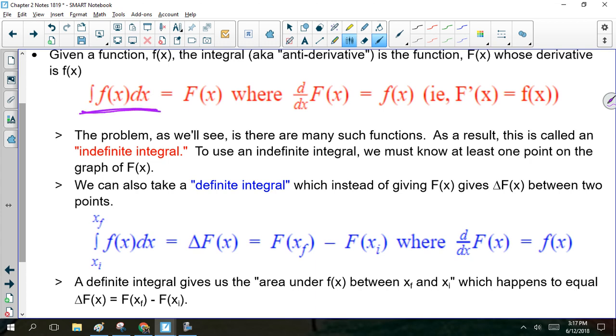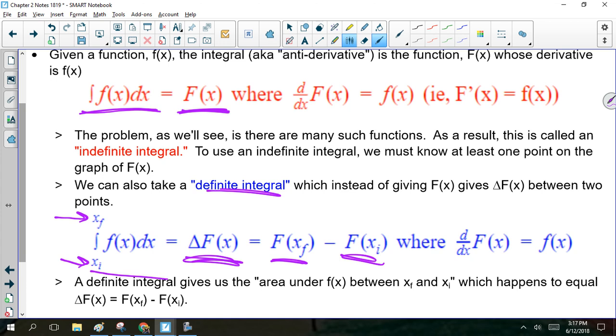For a definite integral, I use this notation, and I add in these two bounds. I want to know what the integral is between some starting value of x and some ending value of x. And instead of giving me the function, it gives me the change in the value of the function between those two points.